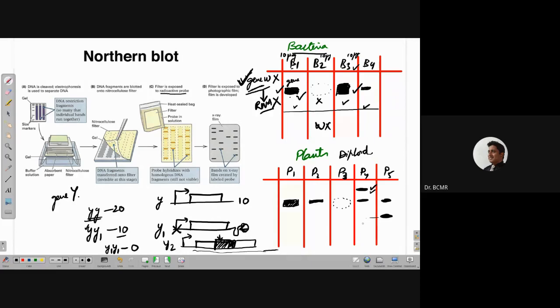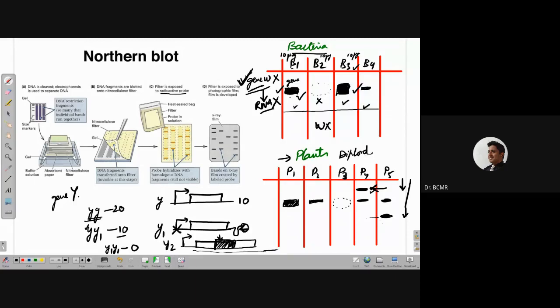In some cases, like if one is working with plants or even in bacteria, the size of the fragment, the migration of the band, will also tell us if there are any mutations in it. But we will have to associate those things with other techniques to confirm if there is a mutation or not.